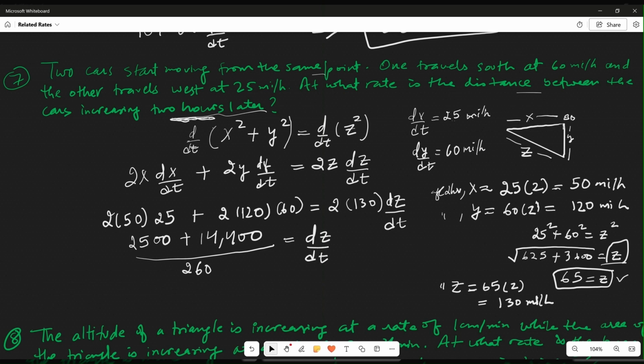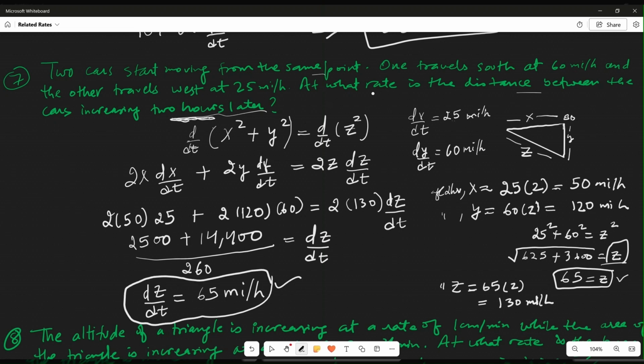So this is simply going to be 2500 plus 14,400, which is 16,900, divided by 260, which is 65. dz over dt is equal to 65 miles per hour. So at a rate of 65 miles per hour, the distance between the cars is increasing 2 hours later. I really hope this makes sense.